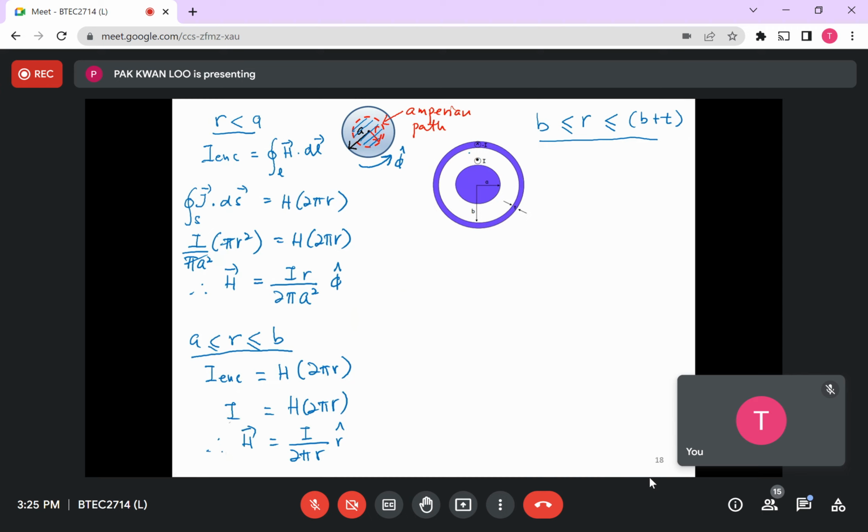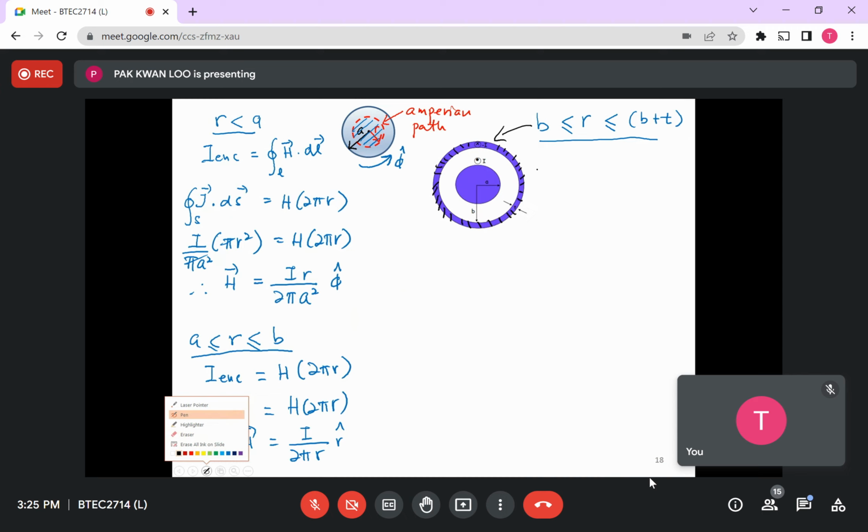Okay. Now I'm going to find out the magnetic field inside this region here, the one that I'm shading, the outer conductor. So what is the magnetic field in the shaded region? The expression never changes, it is only the limit, and we have to take into account two things.